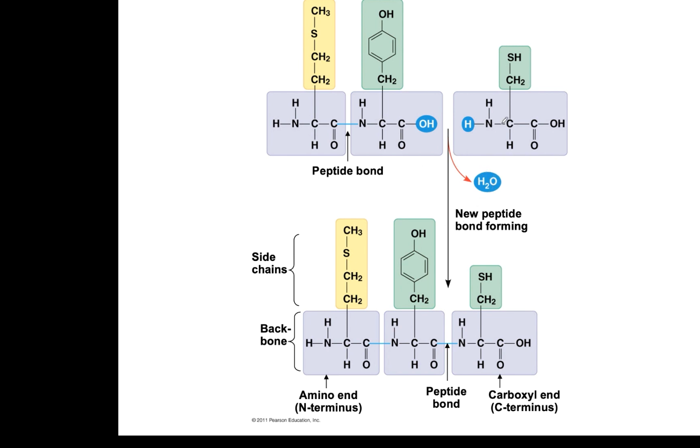Then these two reactants can join to form the final product, three amino acids joined together. We call this a peptide bond. So here's one amino acid, second amino acid, third amino acid. There's a peptide bond between two amino acids.